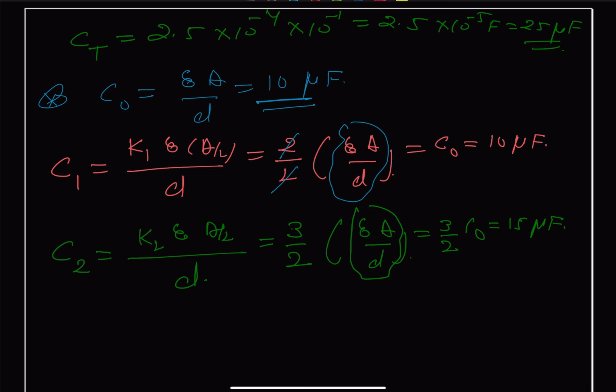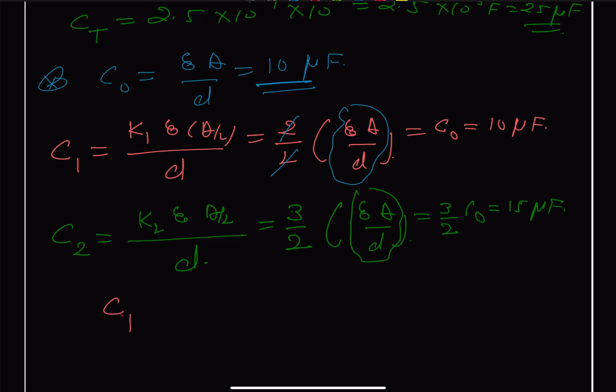So we get our C total is equal to C1 plus C2, which comes as 10 plus 15 microfarad, giving us 25 microfarad.